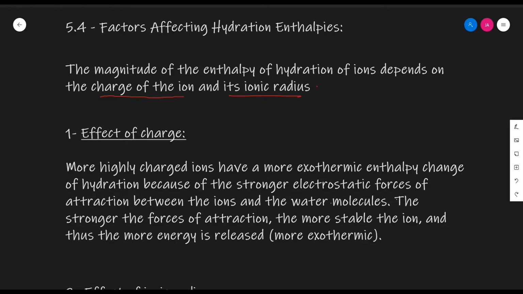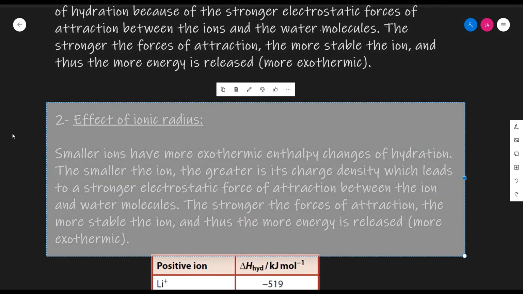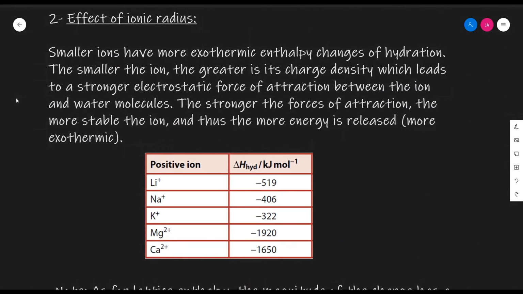When comparing two ions that have the same charge, I would consider their ionic radius. The effect of ionic radius is the same as we stated previously for lattice enthalpy. Smaller ions have more exothermic enthalpy changes of hydration.